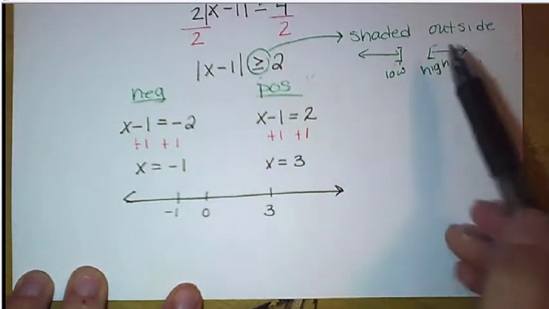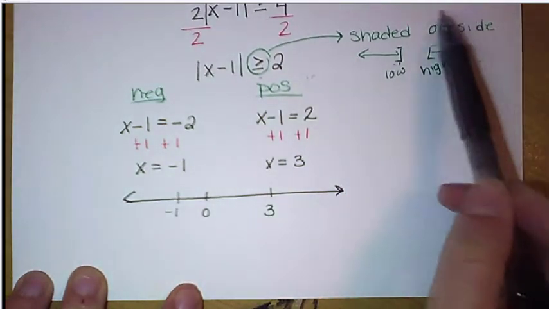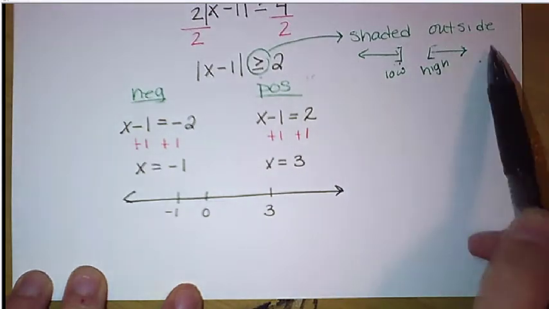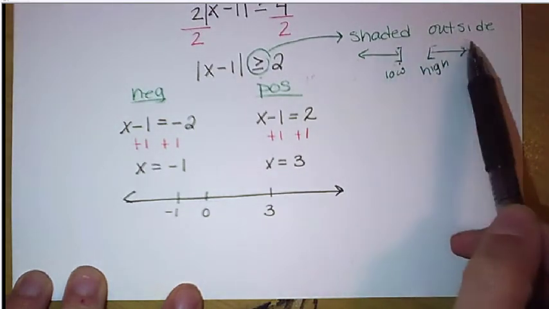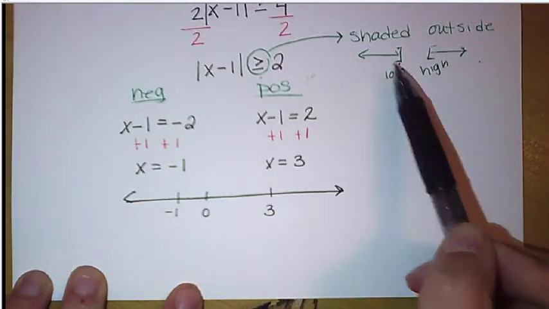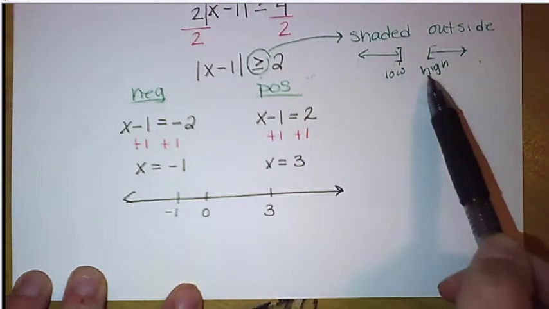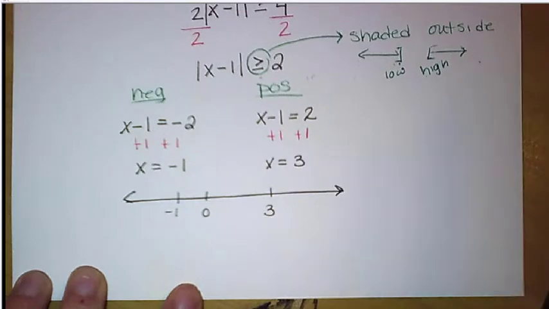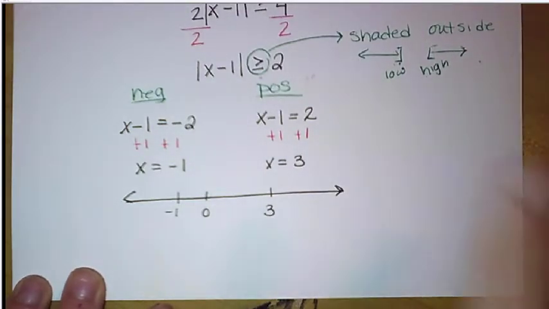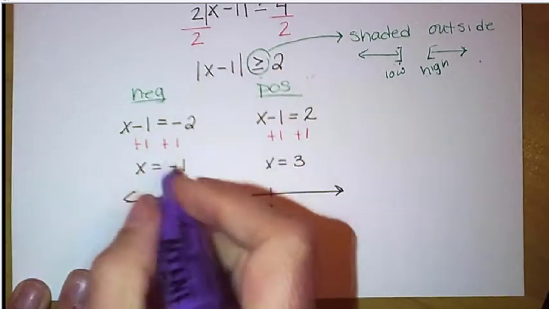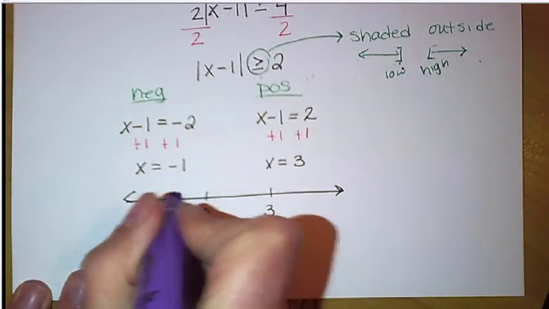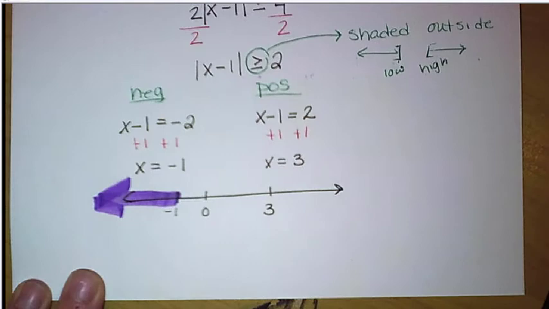Now, if you remember, I stopped up here to talk about how this was going to shade, and I said it was going to shade to the outsides, so to the left of my low number and to the right of my high number. So now I know, looking at my graph and remembering that this is a greater than, it's going to shade to the left of my low, which was negative 1, so it's going to go out from negative 1 to negative infinity.